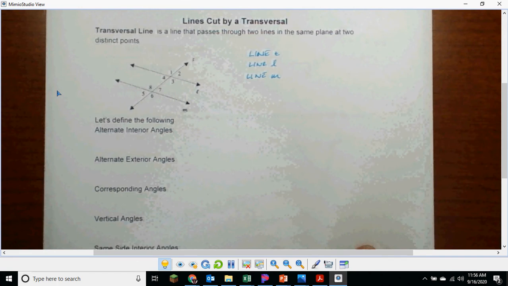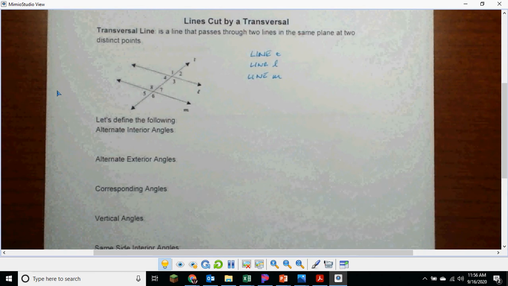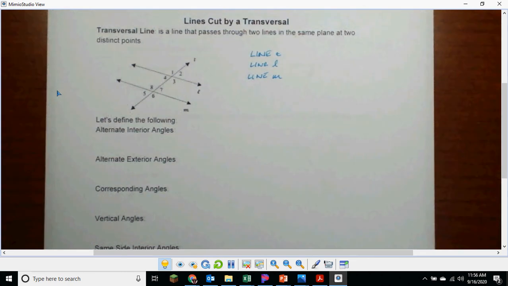Now we're going to talk today about a transversal. This is very important in geometry. We will continue to use transversals throughout the unit, especially when two lines are parallel and crossed by a transversal. But right now, we're just going to talk about what it means to be a transversal.